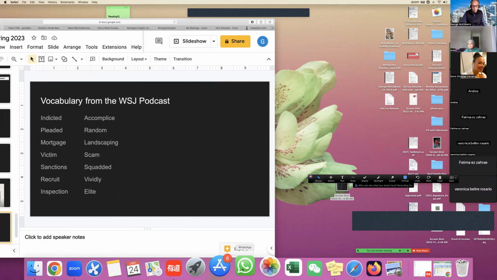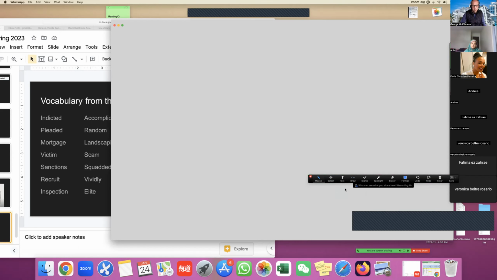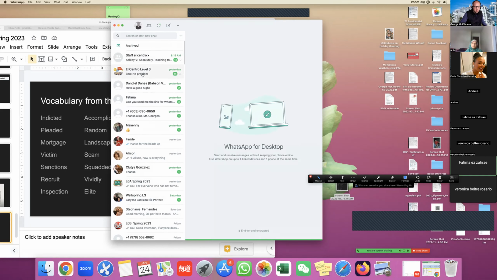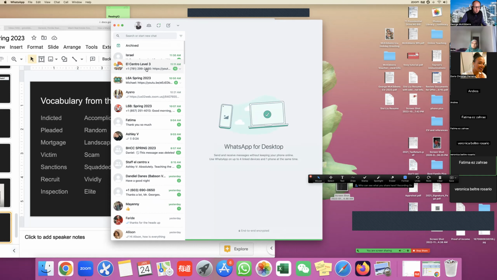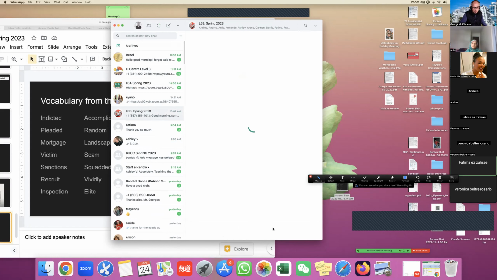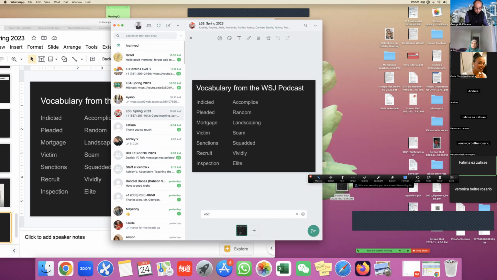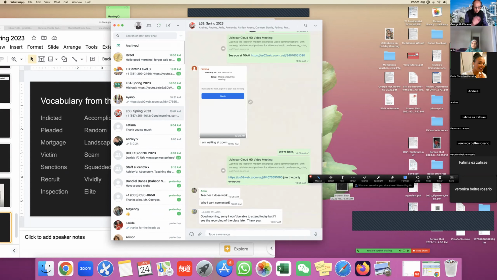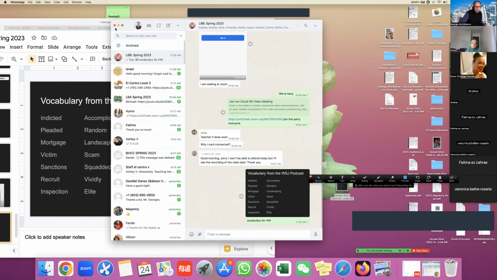Here you go. Vocabulary for homework. Okay, everyone, there you go. I'll go over that second column on Thursday.